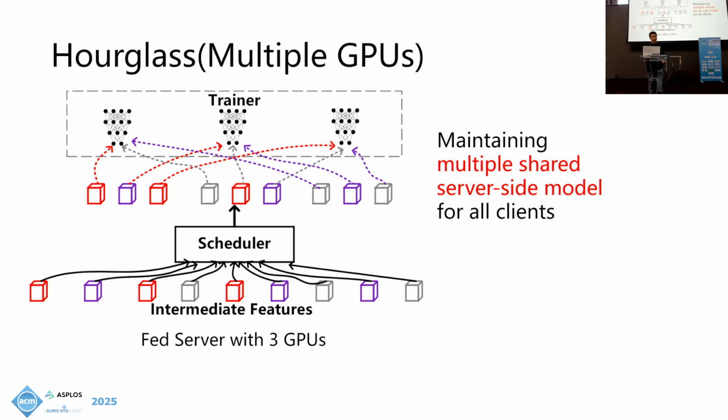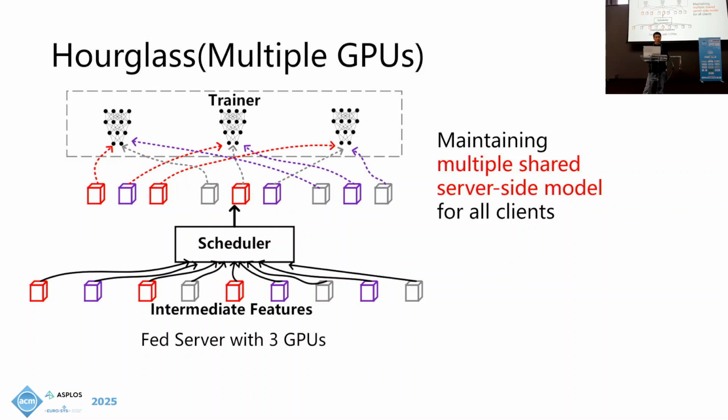So how about multiple GPUs? The multiple GPU configuration means the Fed server has multiple available GPUs. Like the left image, the Fed server has 3 GPUs. In multiple GPUs, we maintain multiple shared server-side models for all of the clients, based on the number of available GPUs.